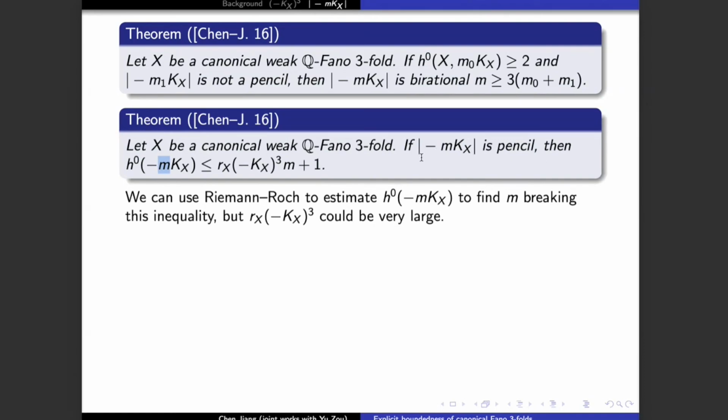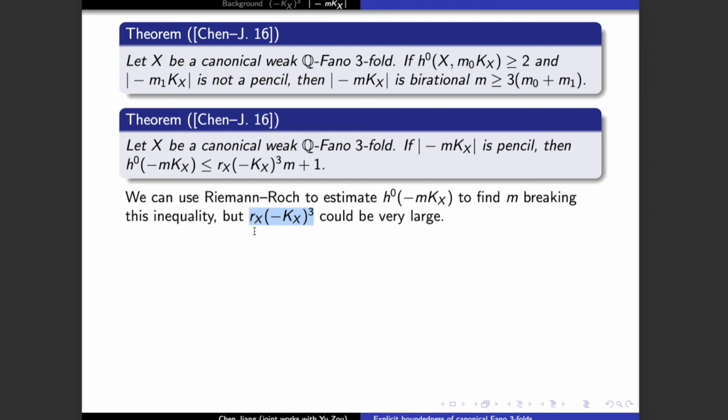Okay? But the problem in this theorem is that in practice, the leading coefficient of the linear form, this r times the minus k to the cube, could be very large. When it's large, you need a larger m to break this inequality, right?